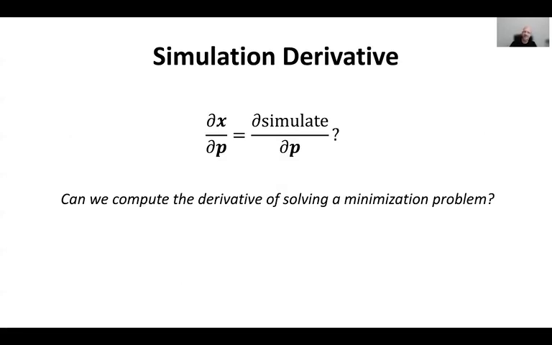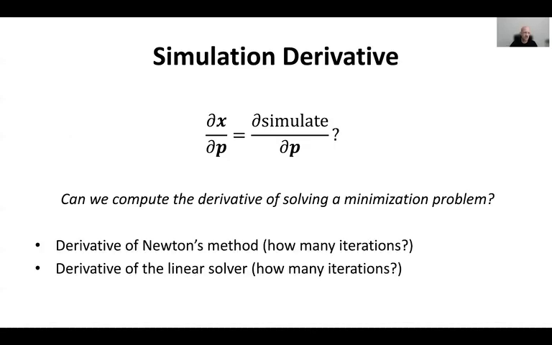It sounds like we would be taking the derivative of a minimization process, and that sounds rather complicated. What we would have to do there is take the derivative of Newton's method if we're using that for minimization. And there are many questions coming in here. One of them is, how many iterations are we going to use? Because in order to take the derivatives of all the computations that we're doing in this process, we have to know how many times we're applying it.